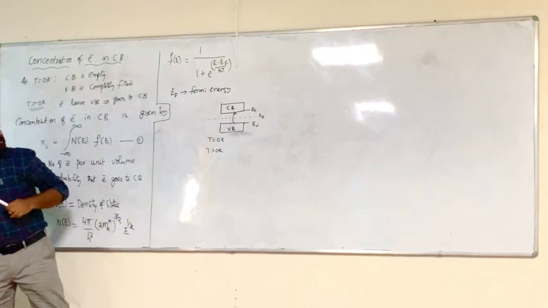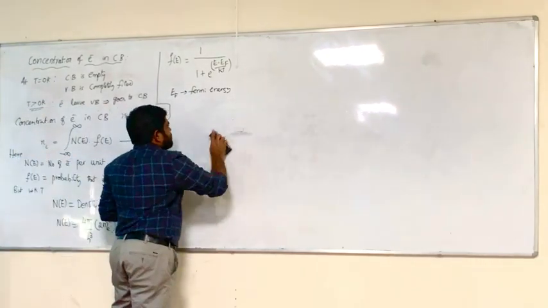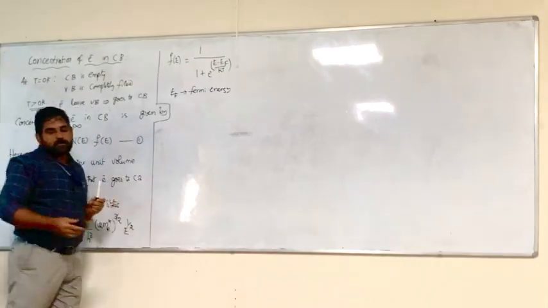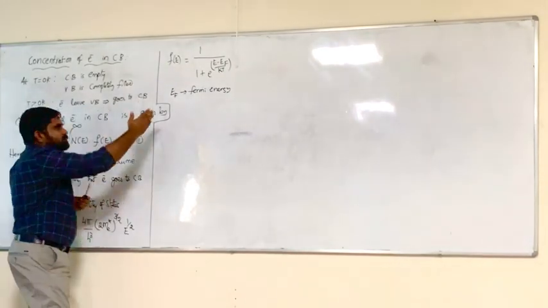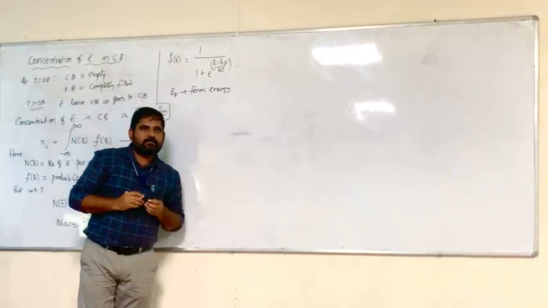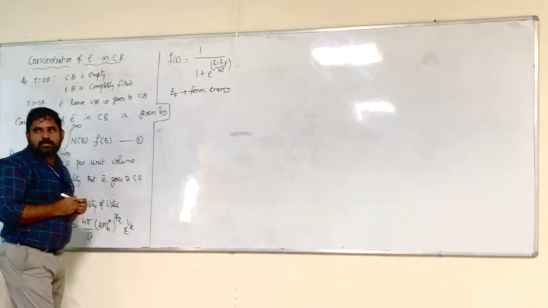So let us substitute the values. K, you know the K, right? What is K? Boltzmann constant. T is the temperature.